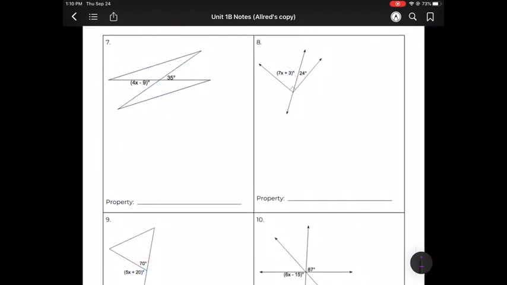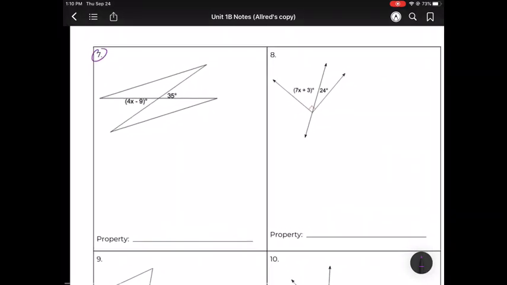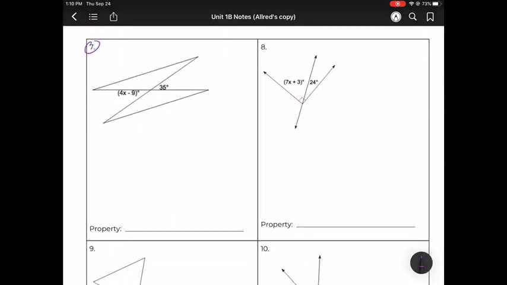All right, as we move along to some more examples in this lesson, we're going to do number 7 now, and we're going to look at this and identify the relationship first. Well, these two angles are formed by these intersecting lines, and they're opposite from each other, or across from each other. All they have in common is that vertex. So these are vertical angles.